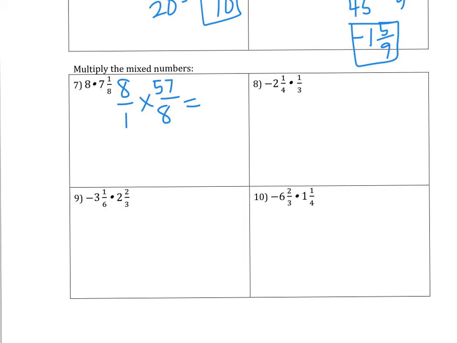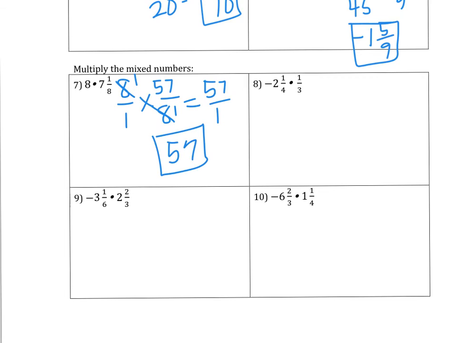And here, whenever you get an opportunity to cross-reduce, always cross-reduce. It makes your answer not as big on the other end, and you don't have to reduce on the other end. So I have an 8/8. That's going to give me 1, which is going to give me 57/1, answer of 57.